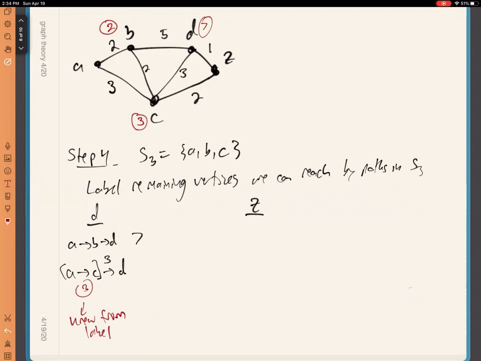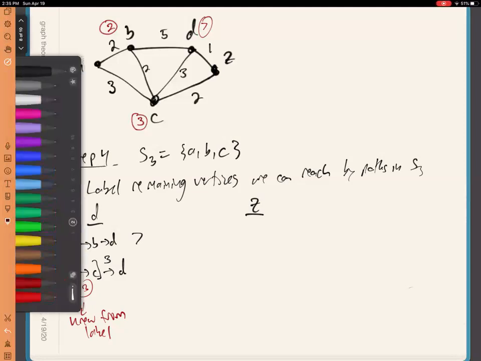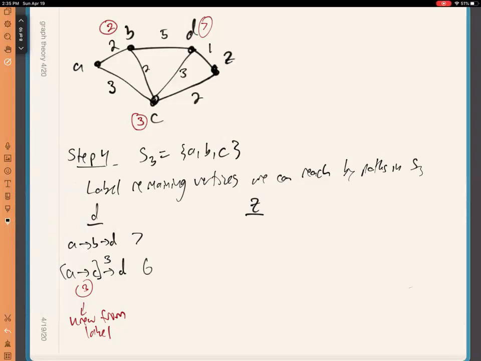So when I'm trying to calculate the quickest way to get from A to D, I already know part of the information: I already know the cost to get to C, and then to get from C to D it only costs 3. If I add those together, you'll see you get 6. We just looked at all the possible ways to get from A to D, as long as I stay inside S3. And so the label for D is going to be 6, which is the smaller of the two.